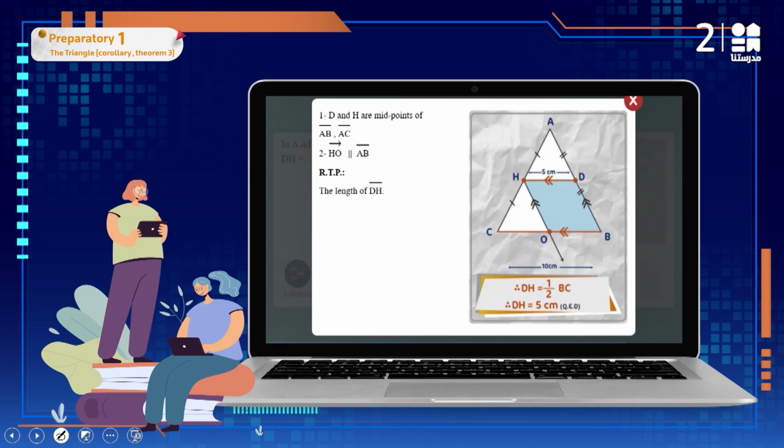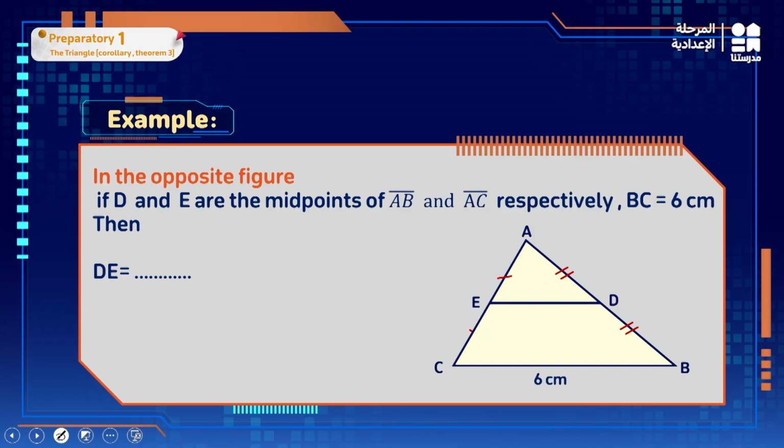Now, after you reach the last theorem in our lesson, you may realize that each theorem is complementary for the next one, and this makes it easy to understand them. Let's take an example. In the opposite figure, D and E are midpoints of AB and AC respectively. BC equals 6 centimeters, so find DE.